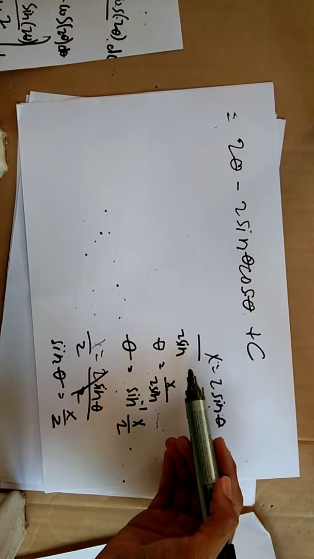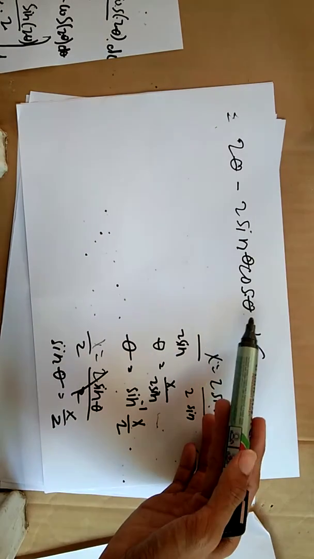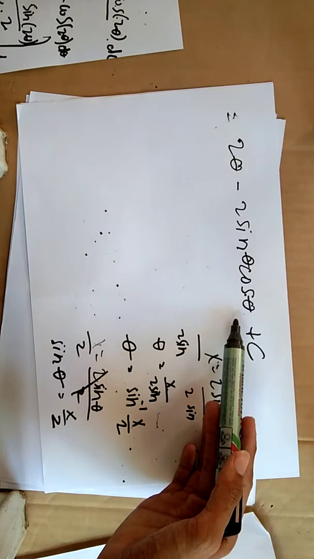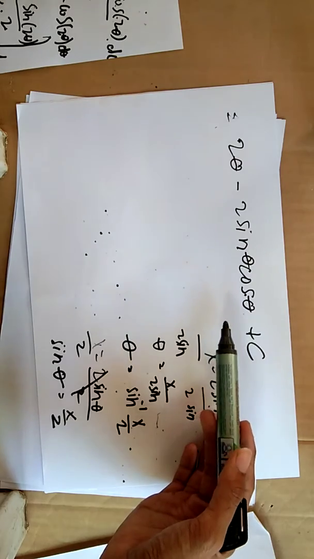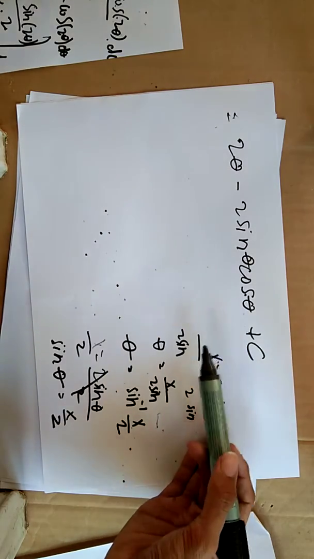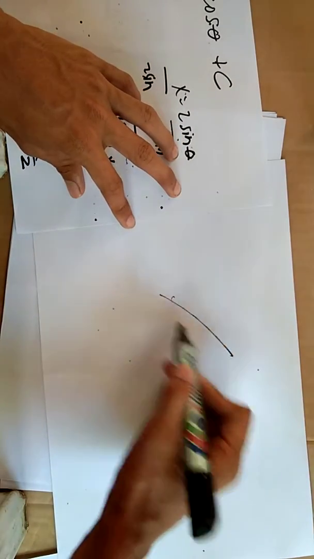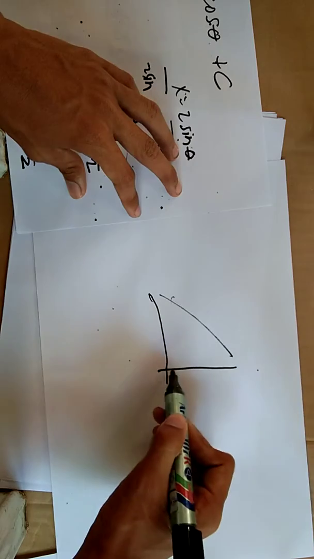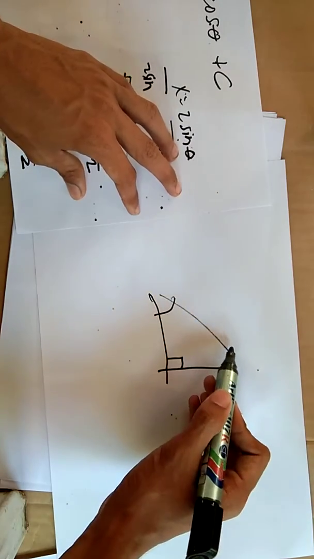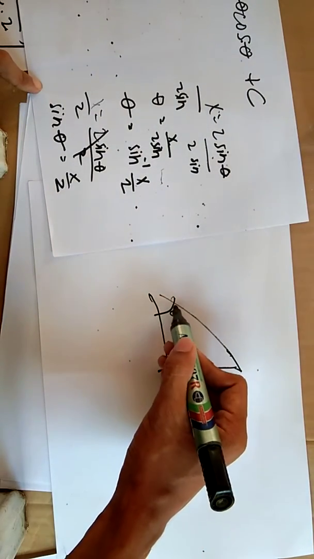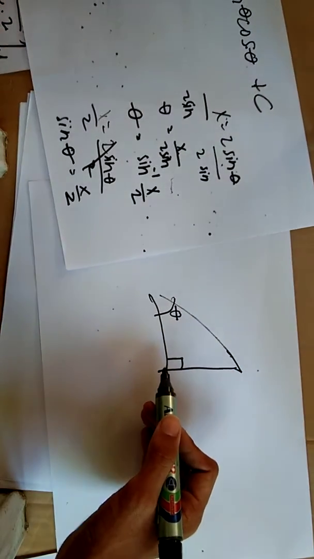Lastly, we will solve for cos theta, and in finding this, we need to use the Pythagorean theorem. So first, let's make a right triangle. It is said that our sine theta is x over 2.